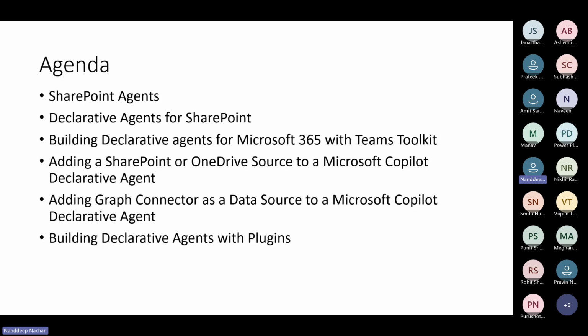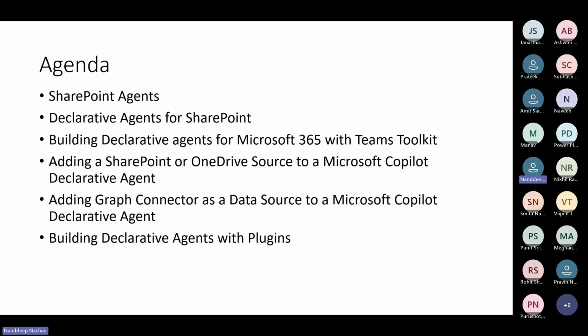Then we are going to switch gears and see, with the coding kind of experience, how we can create declarative agents for Microsoft 365 with Teams Toolkit. Once we create those declarative agents, we will see what data sources we can connect to.